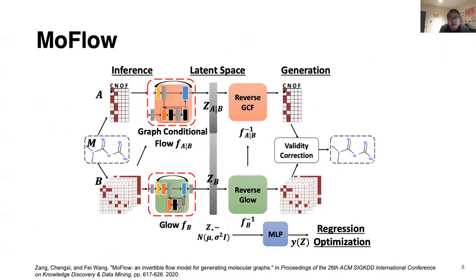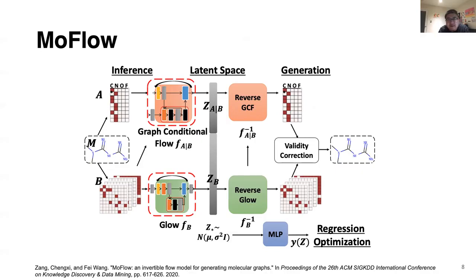In my postdoc we have also designed an algorithm called MoFlow, which uses normalizing flow models for molecule design. And the pipeline of our model is shown in this figure. A molecular graph M is represented by a feature matrix for atoms and adjacency tensors for bonds.